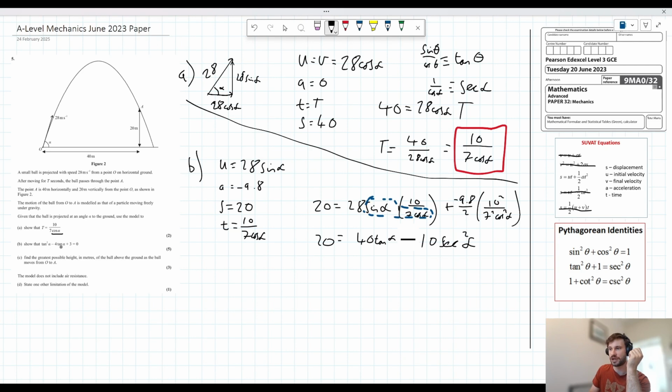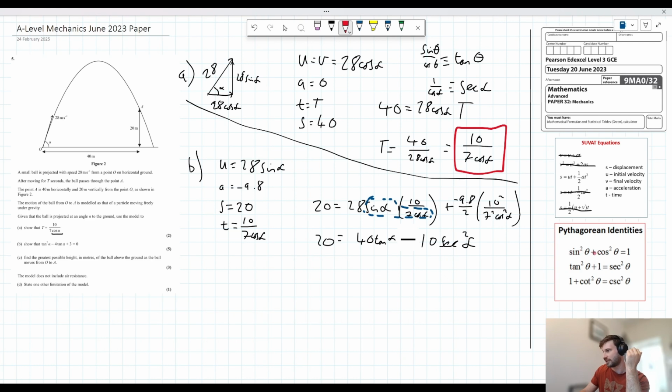We're clearly narrowing in on our tan squared alpha minus 4 tan alpha plus 3 equals 0 idea. But evidently we have the tan alpha, we don't have the tan squared alpha. We want to kind of convert this sec squared alpha into tan squared alpha in a sense. This is where we can make use of one of what are called the Pythagorean identities. So these are all essentially the same idea.